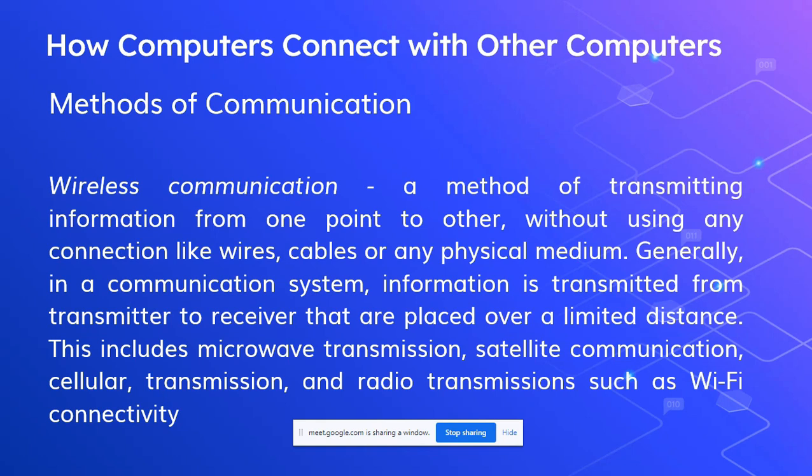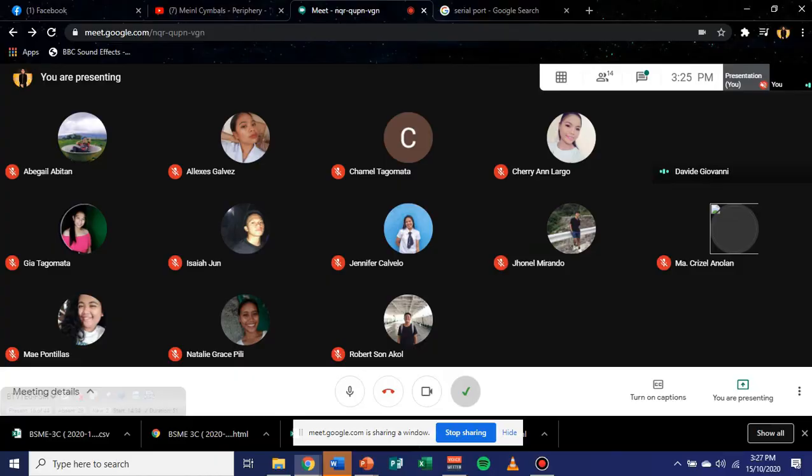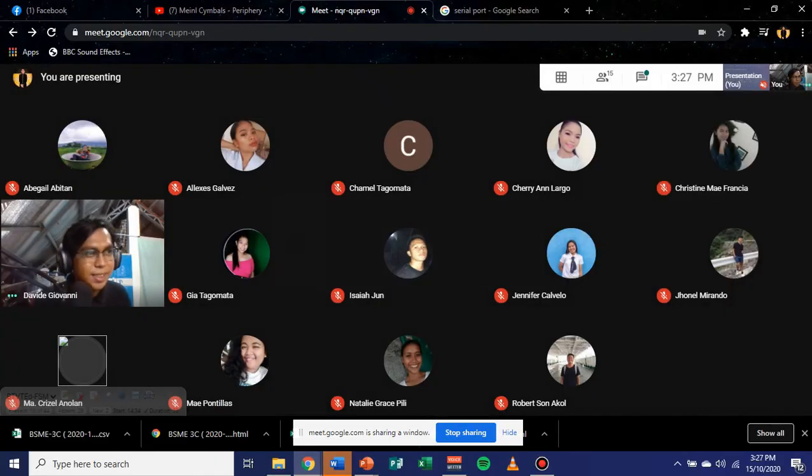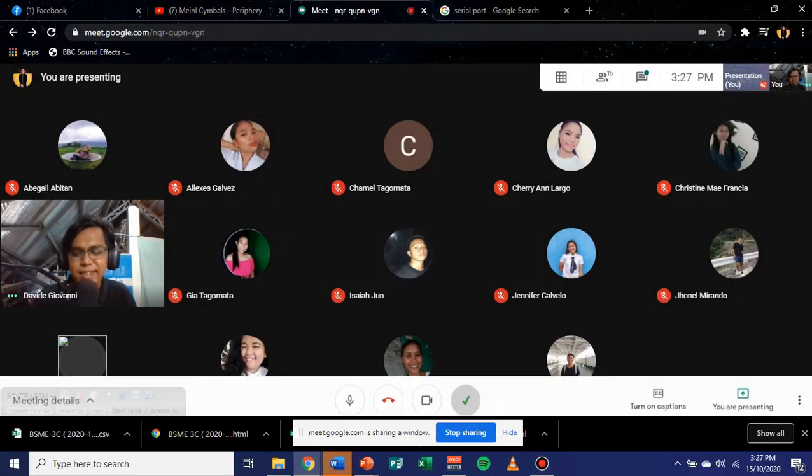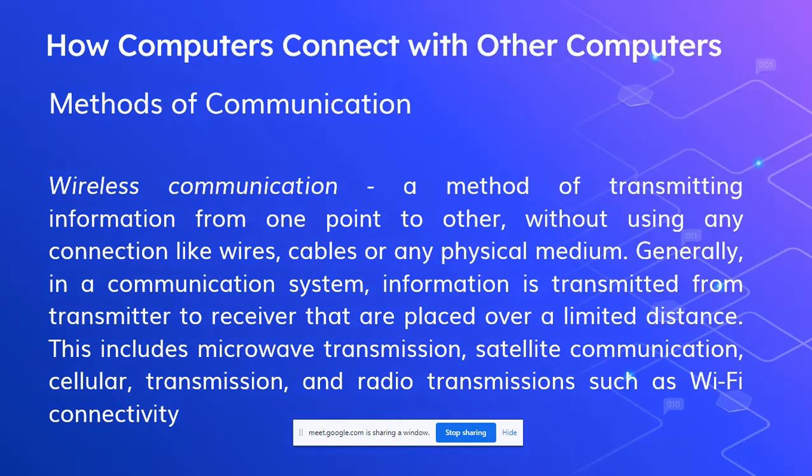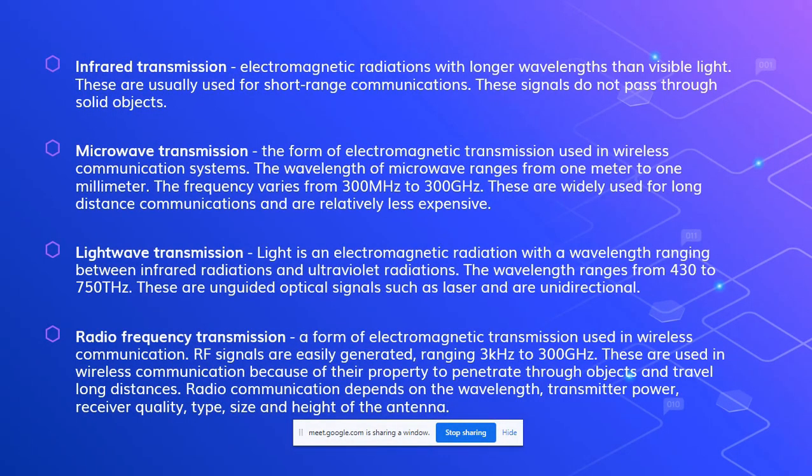So, what is Wi-Fi again? Wi-Fi is wireless fidelity. So, yeah. There are different types of waves that are used for transmitting wireless communication.